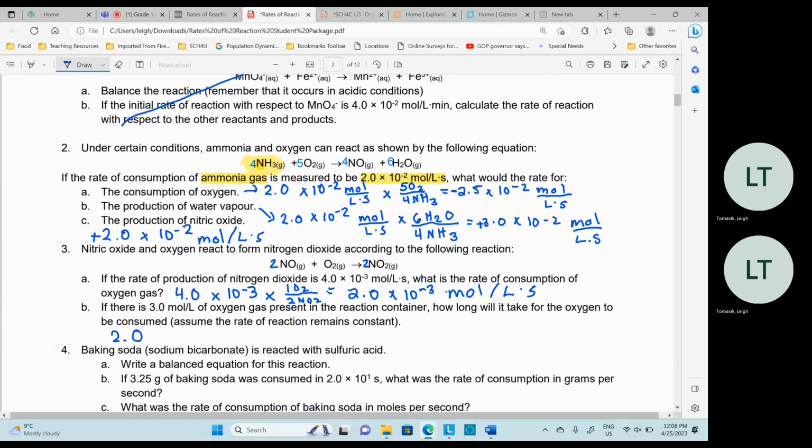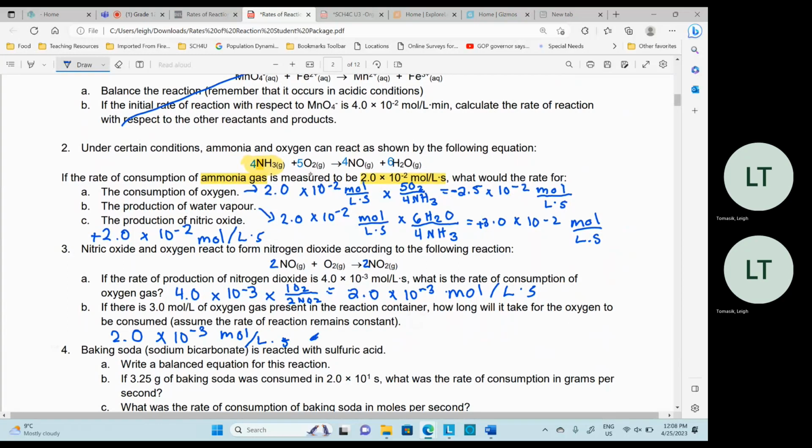In other words, if it's disappearing at 2.0 times 10 to the negative 3 moles per liter second, so this is a rate. Like a speed, if we multiply speed times time, we get distance back.